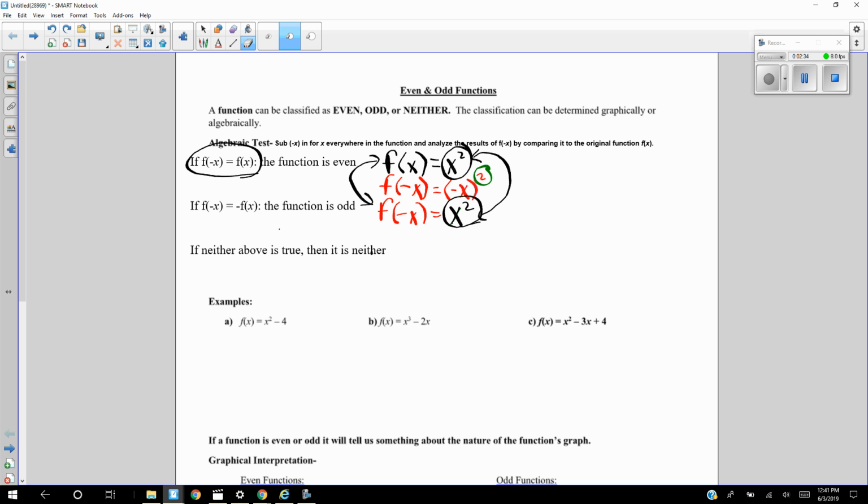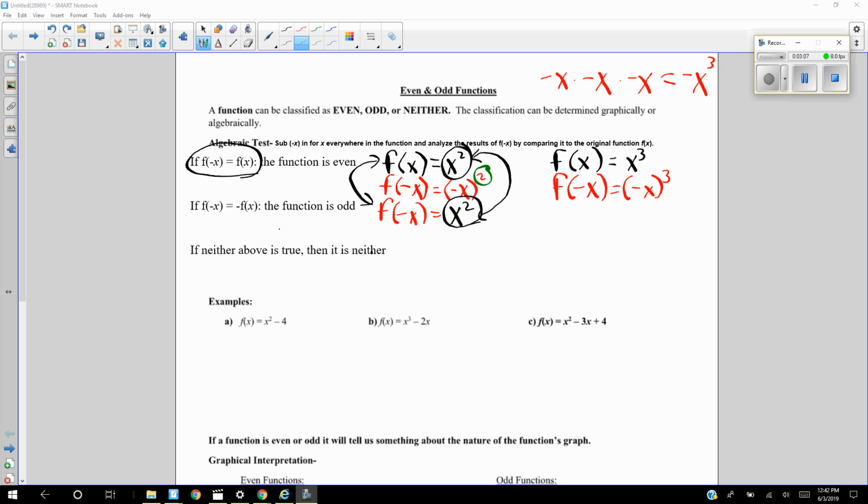So now let's look at a basic example of an odd function. So here's our basic example, f of x equals x cubed. We're going to sub in a negative x. Now here, a negative times a negative times a negative, because we're cubing negative x, is still negative.